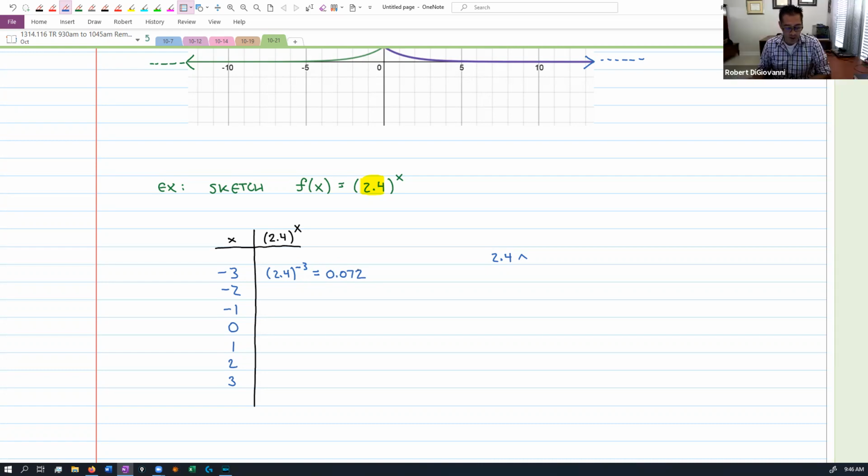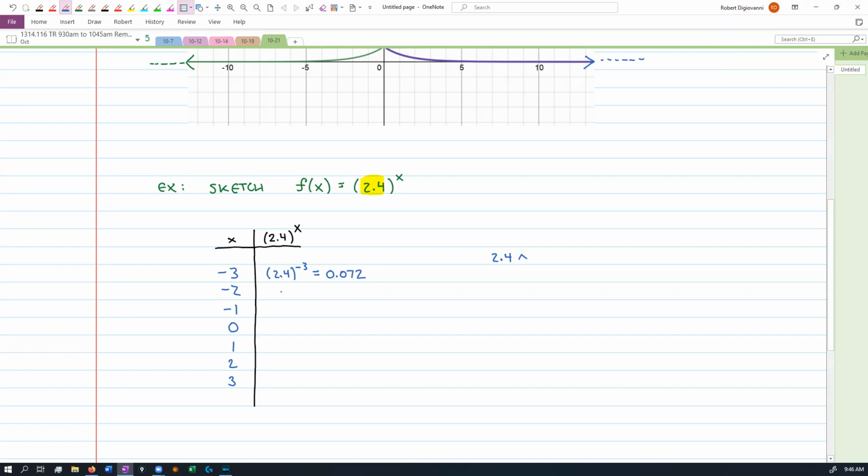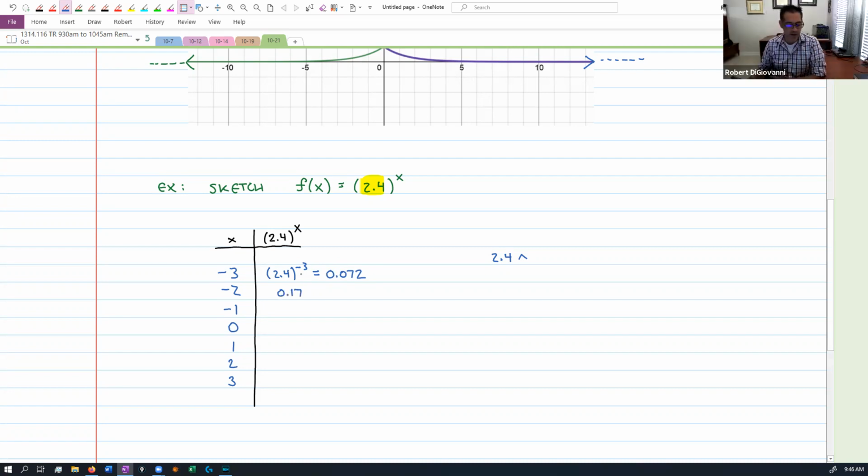Try the next one. 2.4 raised to the -2. You should get 0.17. That's a little bigger, isn't it? It's still small, but it's bigger than this number. And then do 2.4 raised to the -1. You should get 0.42. That's even bigger.